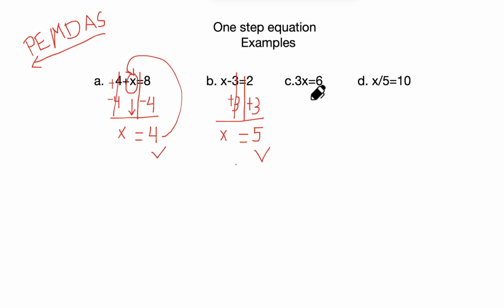Okay, we have another example where we have 3x equals 6. Remember, when I say 3x, it means 3 times x. It's not 3 plus x, it's 3 times x.